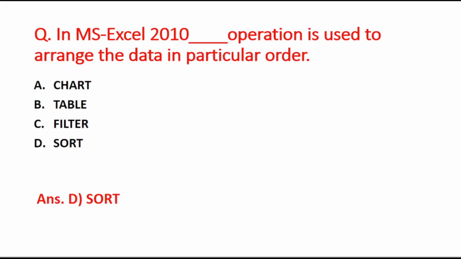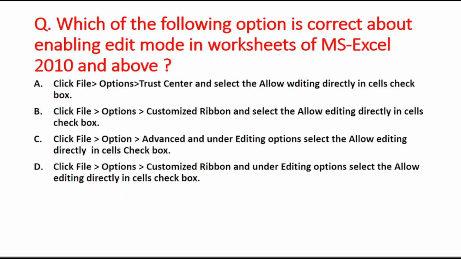Next question is, which of the following options is correct about enabling edit mode in worksheets of MS Excel 2010 and above? Your A option is, click File, then go to Options, then go to Trust Center and select the Allow Editing Directly in Cells checkbox. B option is, click File, then Options, then Customize Ribbon and select the Allow Editing Directly in Cell checkbox.